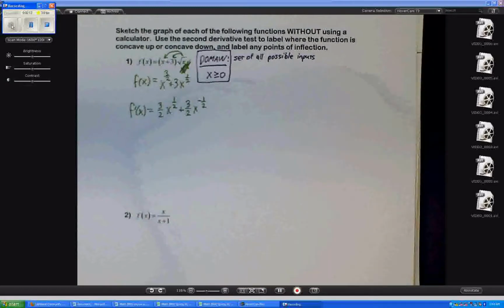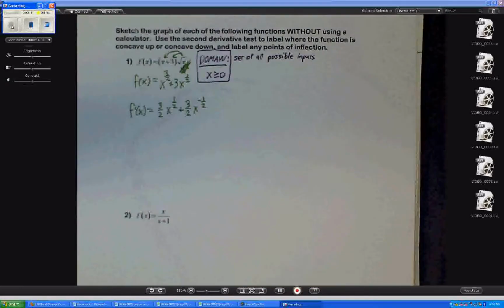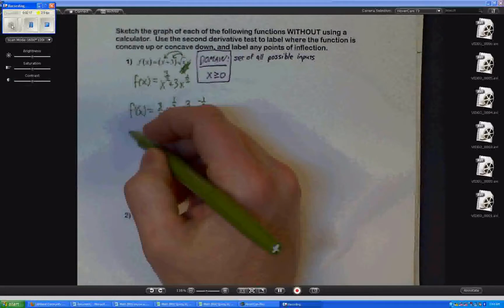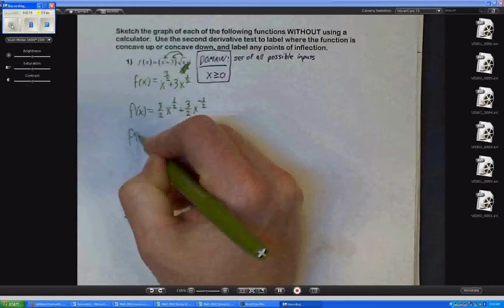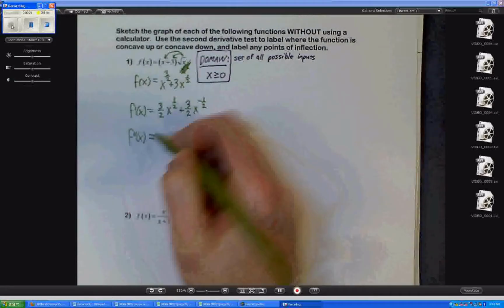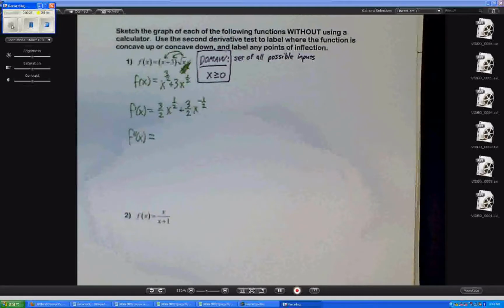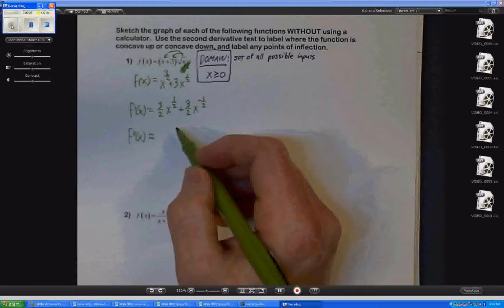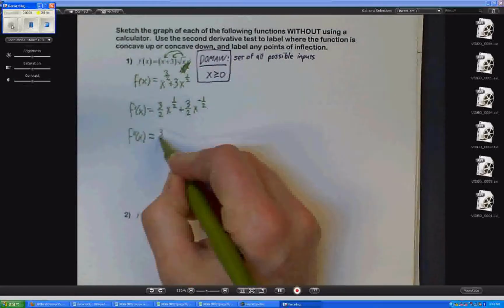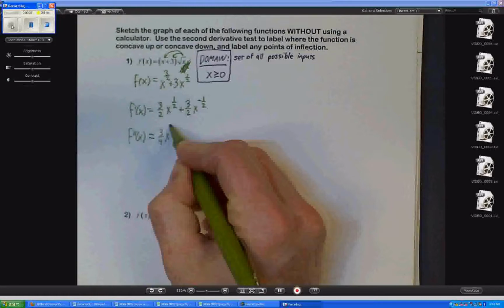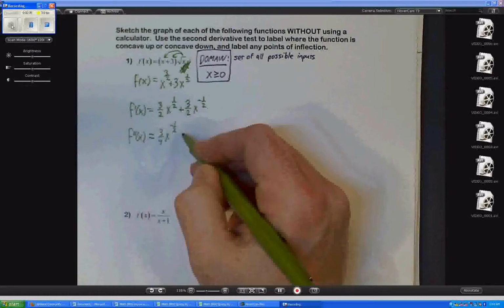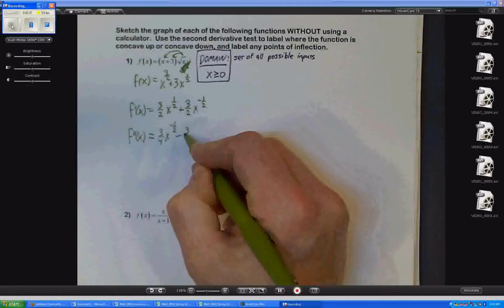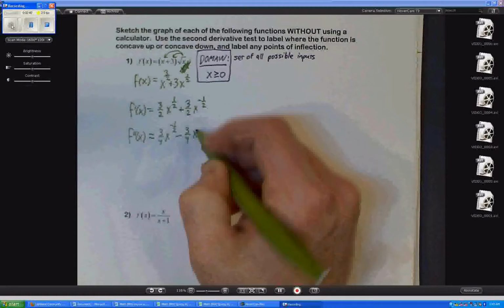And maybe while I'm at it, I'll take the second derivative because I know I'm going to need that for this problem. They want me to do a second derivative test. And so f double prime of x would be, well, I guess it would be 3/4 x to the negative 1/2 power minus 3/4 x to the negative 3/2 power, right?